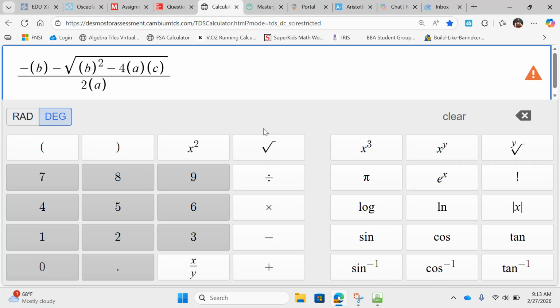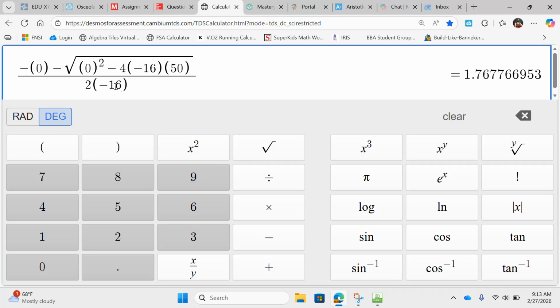So I'm going to replace a, b, and c with our numbers. We already know that b was 0, so I'm going to put a 0 here and a 0 here. a was negative 16, c was 50, and then of course a was again negative 16.